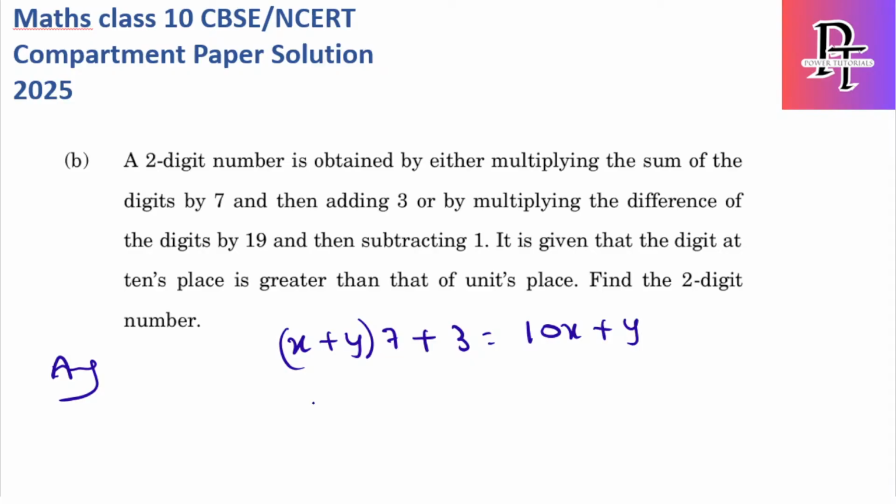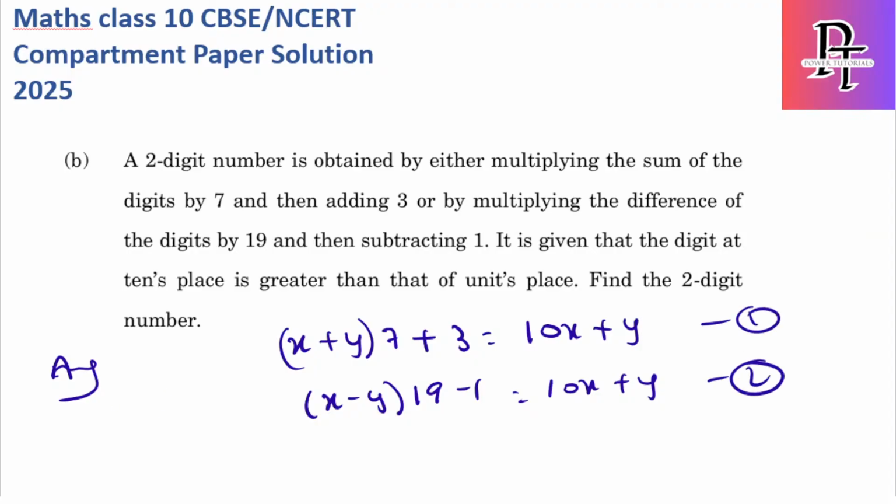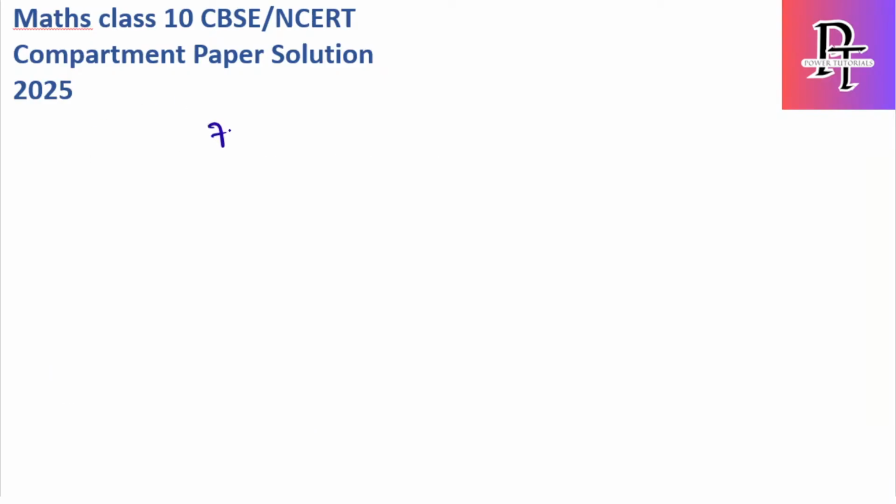Okay, in the same way, second equation, what they are saying is the difference of digits multiplied by 19 and subtracting 1 is equal to again 10x plus y. So this is 1 and this is 2. Let's solve 1 first. We'll get 7x plus 7y plus 3 is equal to 10x plus y.